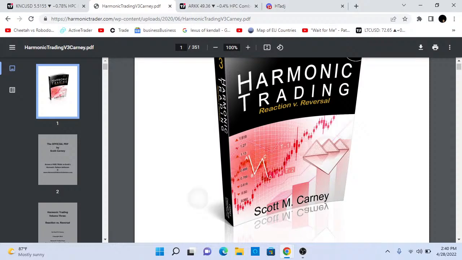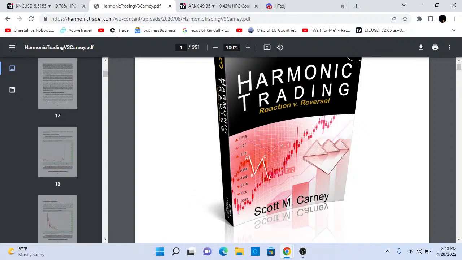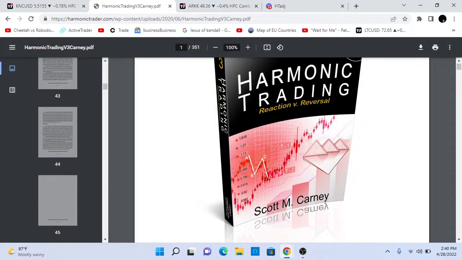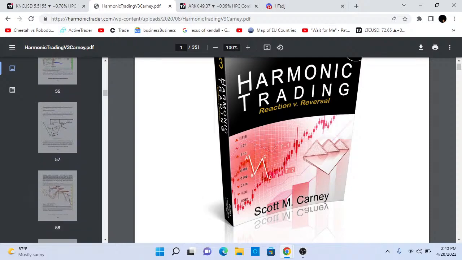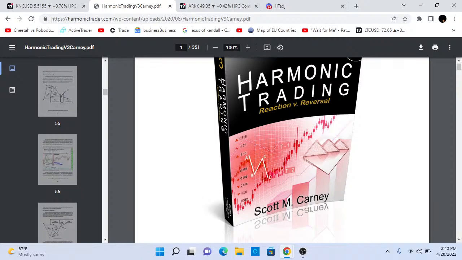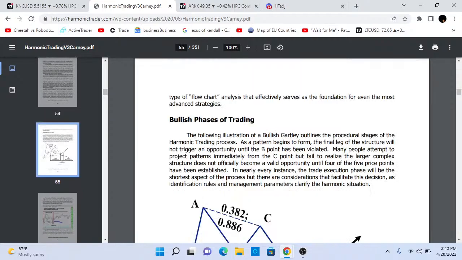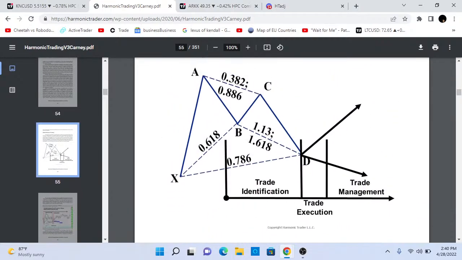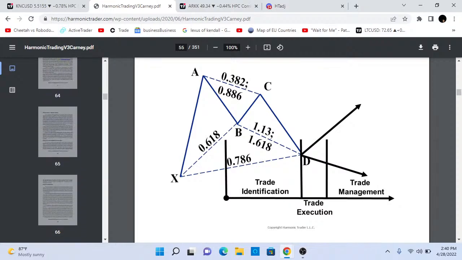There's volume 3. Let me just show you that term. Oh, that's all the way in management. That's going to be towards the back of the book. Although, wait, no, here it is. That's a pretty good one. Even the phases, our bullish phases of harmonic patterns, is actually really good, because trade identification starts at the completion of terminal bar, and the assessment window is the 3 to 5.